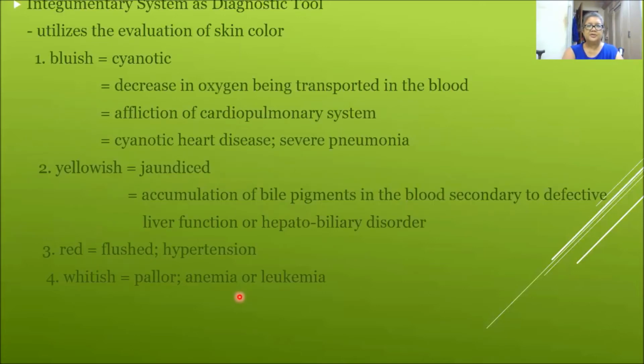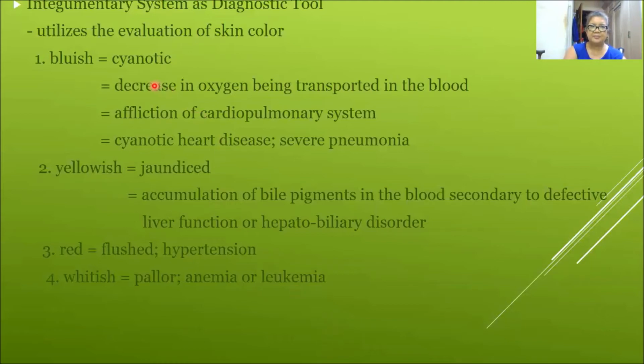Now, the integumentary system can also be used as a diagnostic tool. Fast forward, when you become a clerk, you will be the frontliner, the one responsible for the patient who will come into the emergency room.